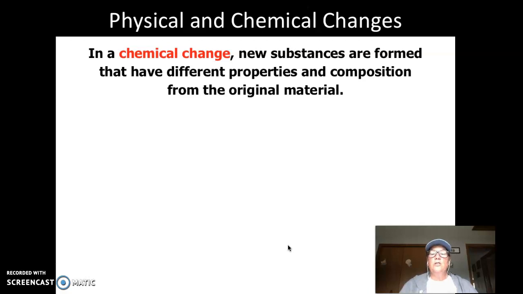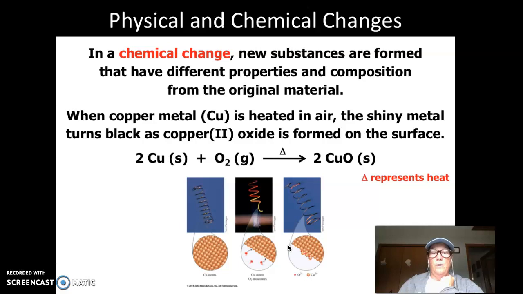In a chemical change, you're going to get new substances, and the new substances are going to be different than the ones they're formed from. Okay? So new substances, they're going to have different properties, and their composition is going to be different than the original material. Here's an example of when you take copper.